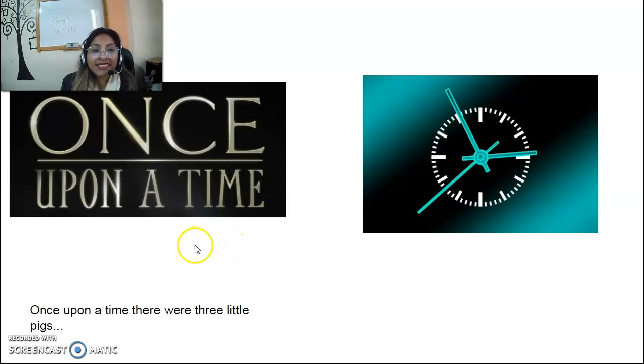It means a situation, a moment. This a time means in a moment, in a situation. But on the other side, when we talk about time in general, it is a non-count noun. So we can say, for example, time is money.